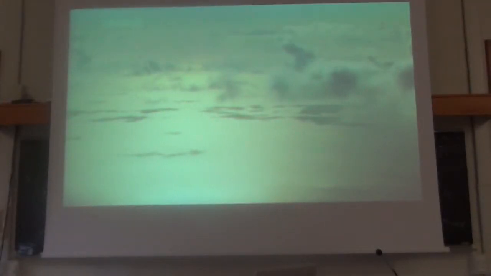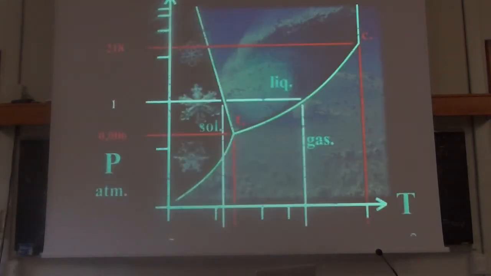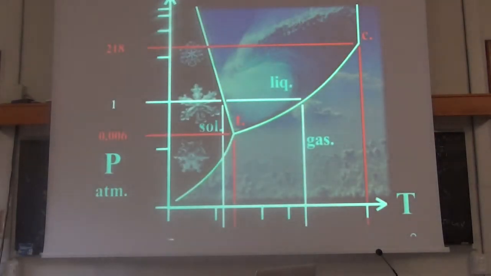What I'll show you in a snapshot is what condenses in a diagram that, by the way, was drawn by the Irish chemist Andrews in the 18th century, the first to understand that when you put pressure versus temperature for any element, there is a critical point which separates the liquid from the gas.